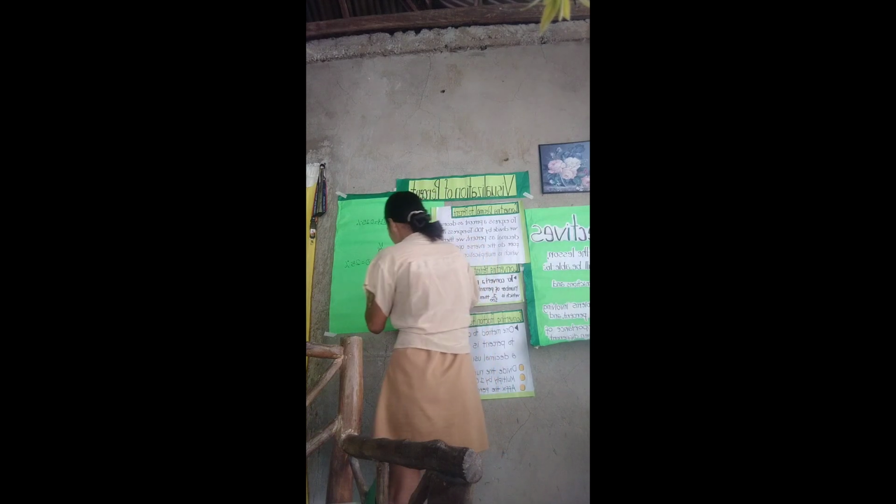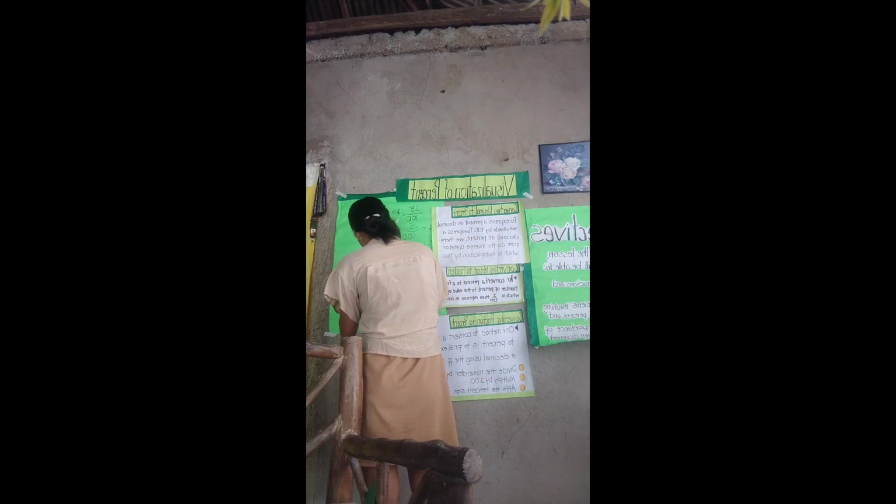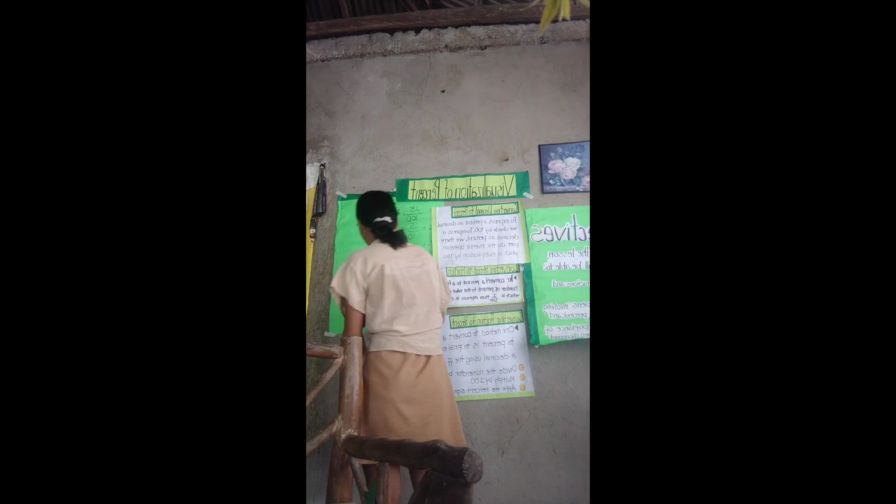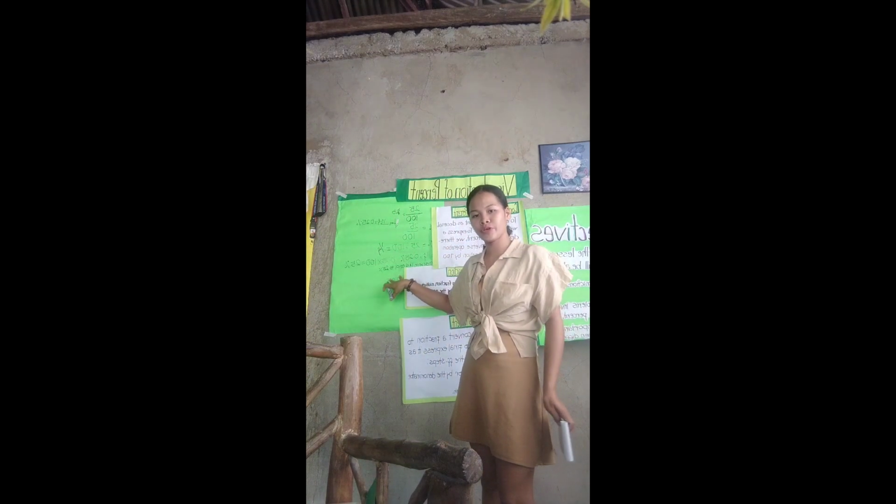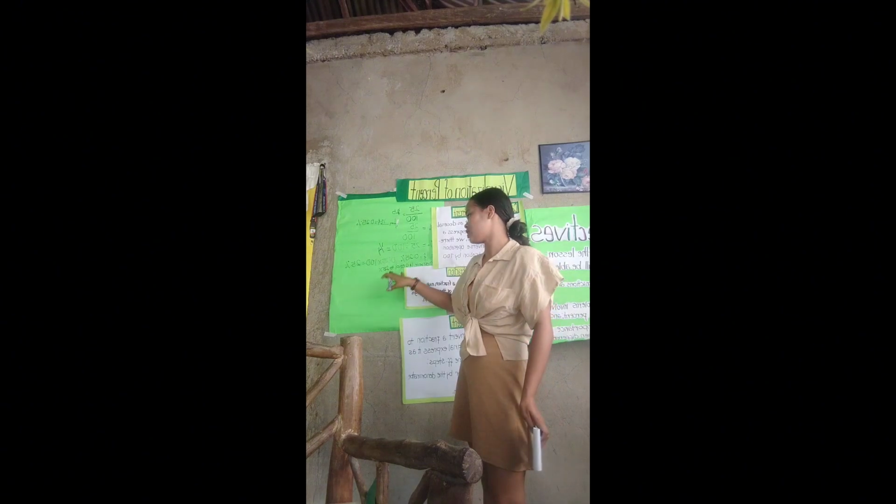So we have the number 0.25, and then we multiply this by 100.